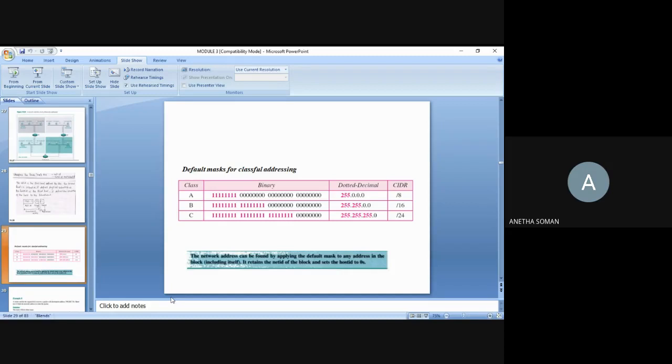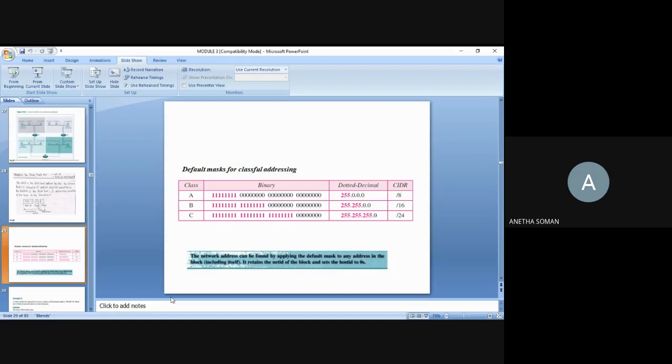Now on the right-hand side, you can see CIDR. You will learn what CIDR is in the next class. For now, just remember that the values of this mask can be represented in slash notation in an easier manner.